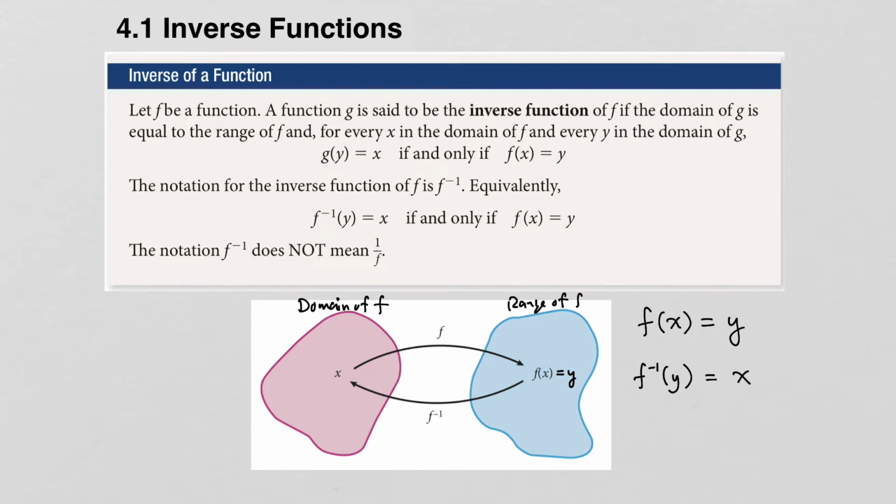And that is the set of numbers that you get from the function f. And so the inverse will take any number that is in that range of f and it will send it back to the domain of f where it came from. So in a real simplistic way, an inverse function will simply undo whatever the function does.